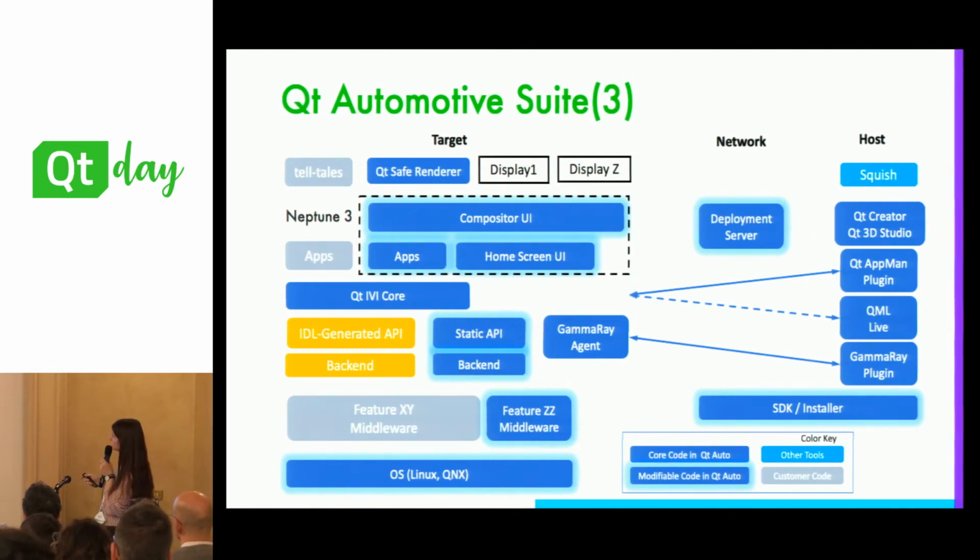Here we have Squish. That means that we can use Squish to test our UI. It's compatible. We can use Qt Creator and 3D Studio. We have the Application Manager plugin for deployment, HumanLife for UI development, and the GammaRay plugin for profiling and debugging. This SDK installer is a plus of Qt Automotive Suite.